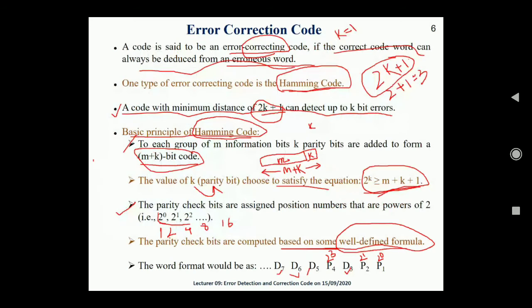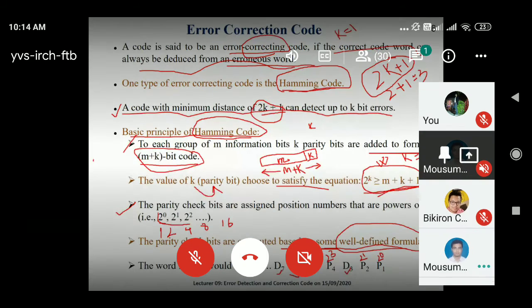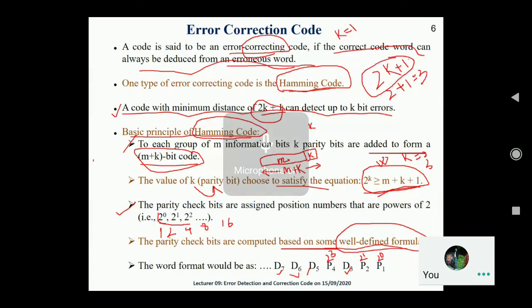See here, in this particular one, what happened? If k equals 3, 2 to the power 3 means what? 8. And suppose I'm using the k value, already we know 3.